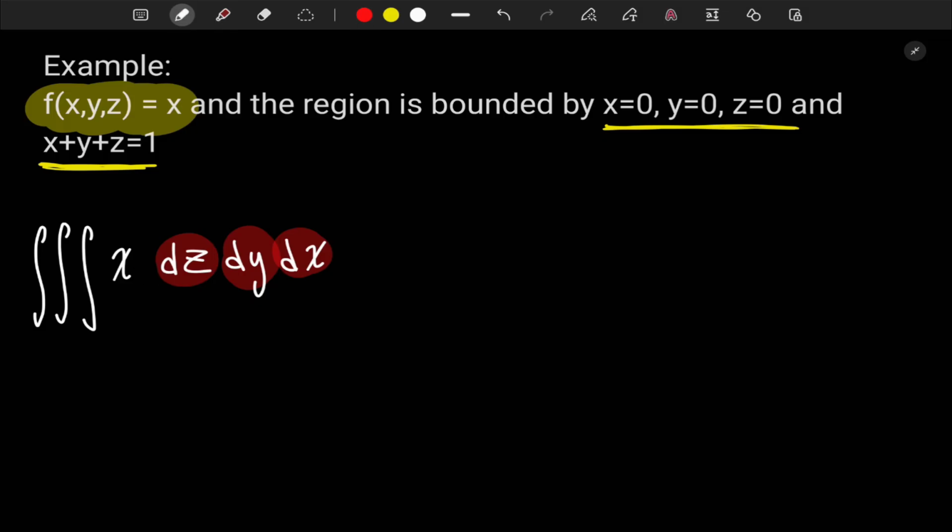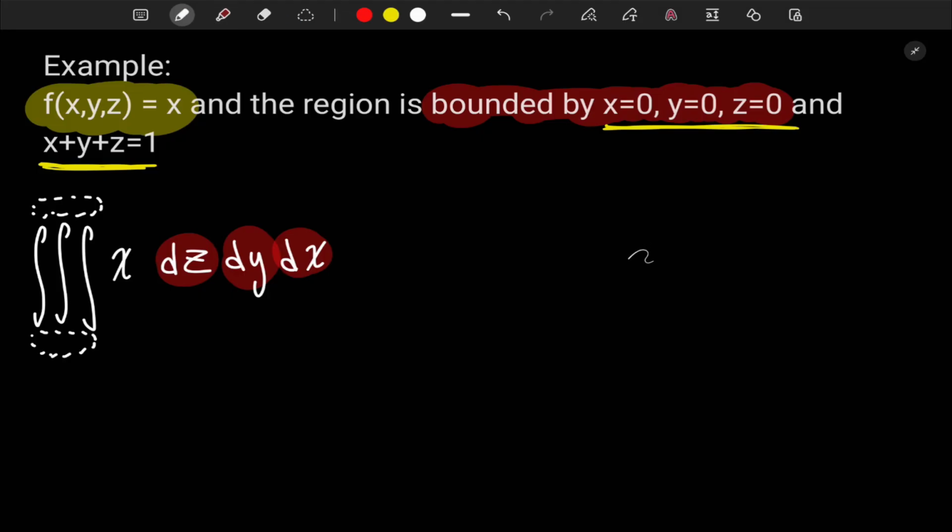So now what we have to do is define the limits for this integration. As we can see, the question states that the region is bounded by x equals 0, y equals 0, and z equals 0.